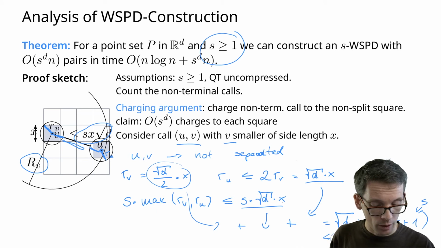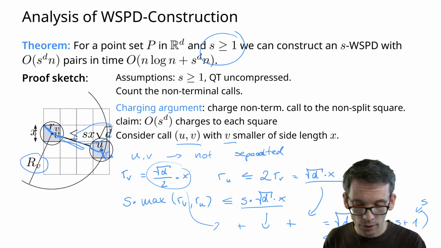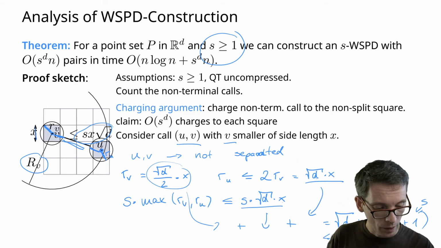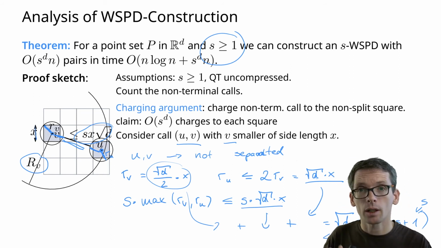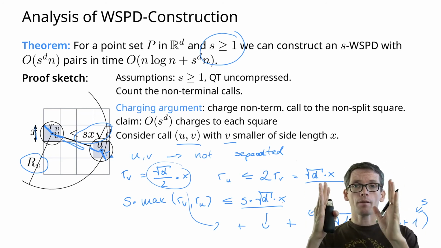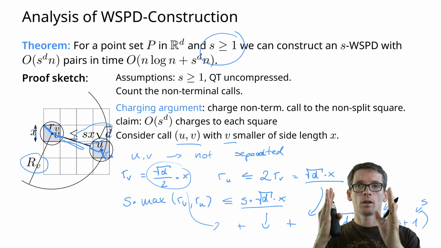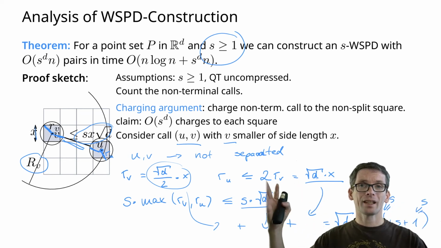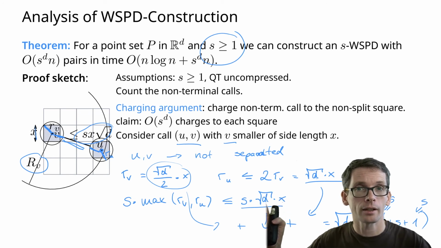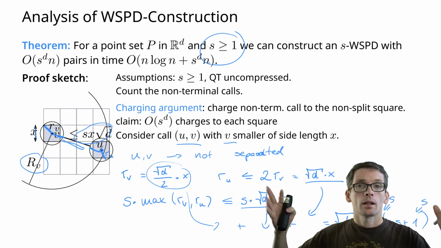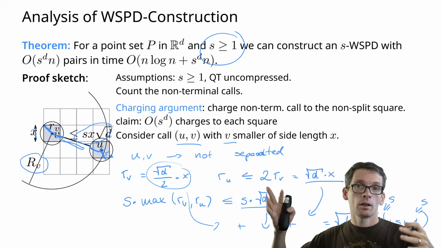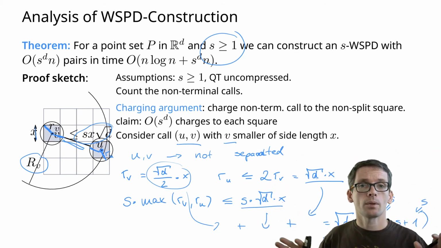So there's this factor X, and then I have this 3 times, essentially if you think of D as a constant, times X. So if you imagine I have a square of side length X, and now I have a disk of side length, let's say a constant, so 10 times X, how many squares can I fit into this disk? It's clear that this will be some kind of constant.